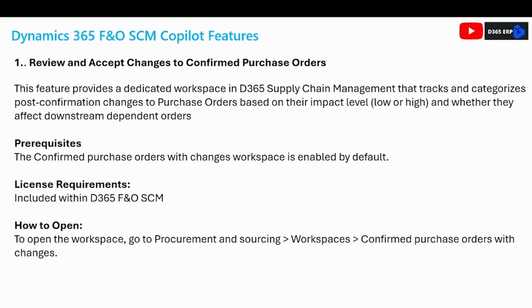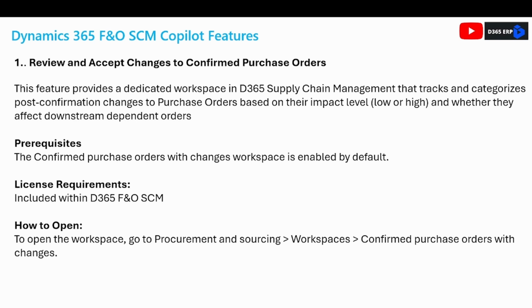First is low impact change, then high impact change, and the third is the changes that affect downstream dependent orders, which means, let's say, any production order or work order linked with a purchase order, and the changes you made affect this linked order.